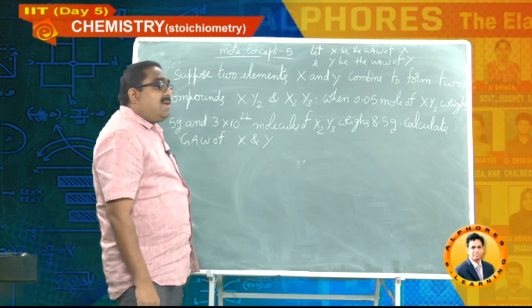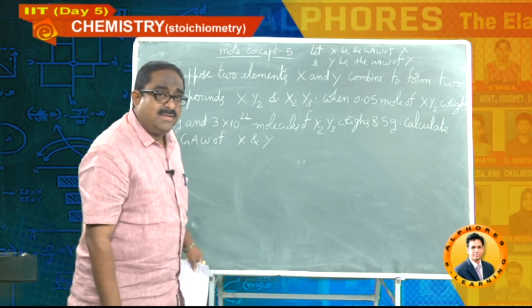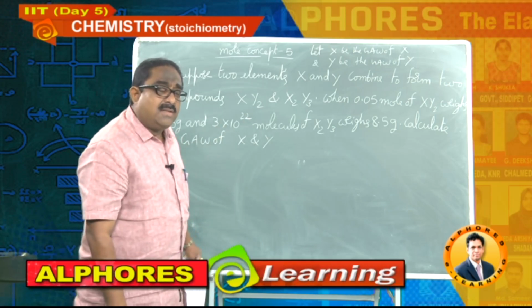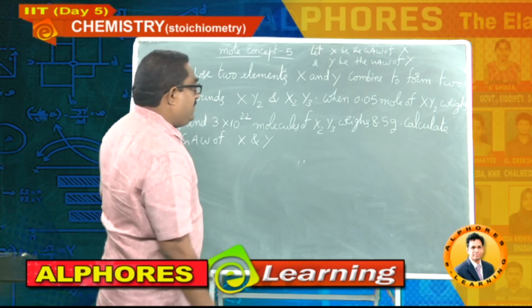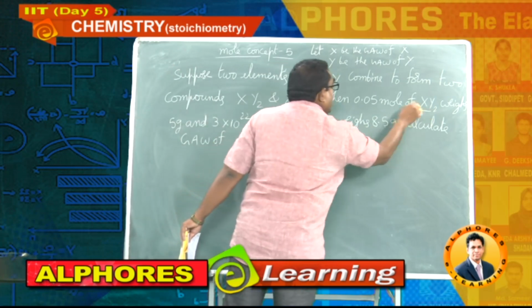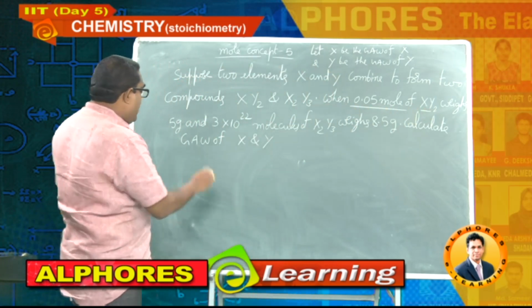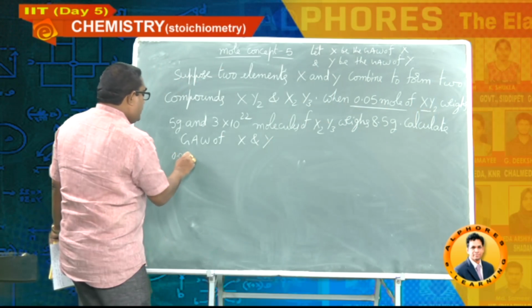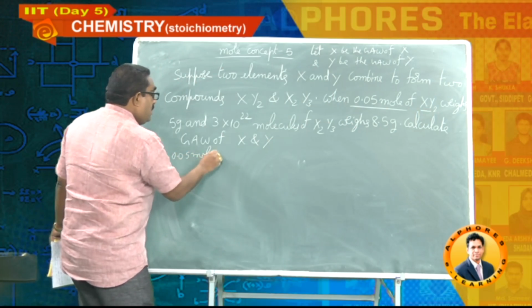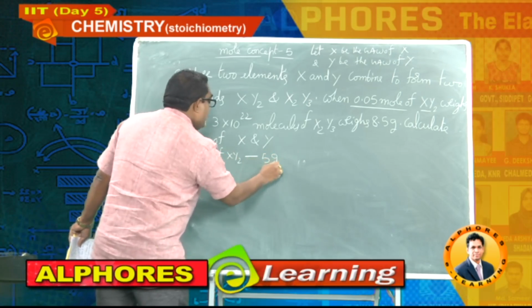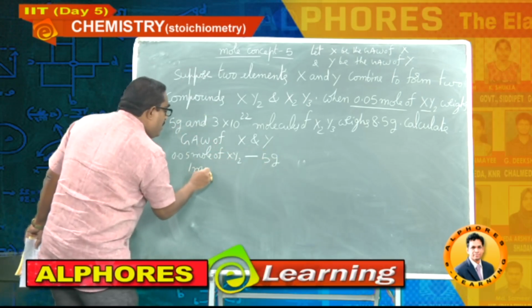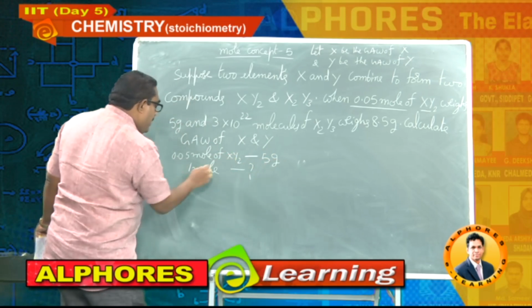What is molar mass? Molar mass is the mass of 1 mole of that substance. But here he has given the mass of 0.05 mole. I am writing, 0.05 mole of XY2 is 5 grams. The mass of 1 mole is nothing but GMW of XY2.